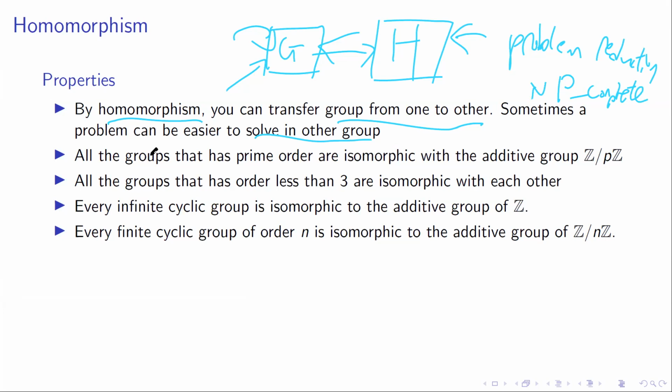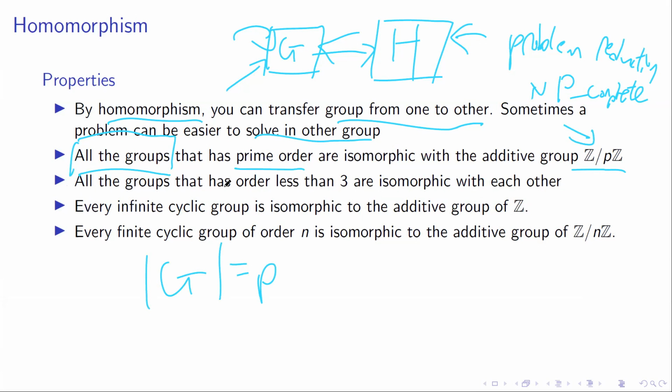And all the groups that have prime order are isomorphic with the additive group under addition. Note, this is all the groups, right? No matter what group you have, if it has prime order, then it is isomorphic to the additive group modulo p. This is always true, right?